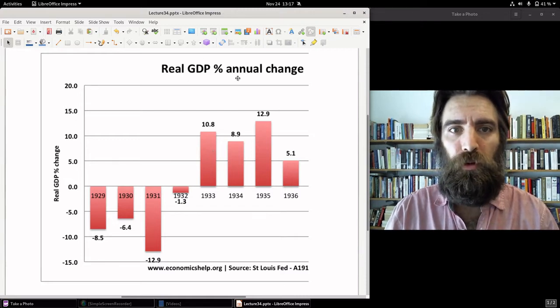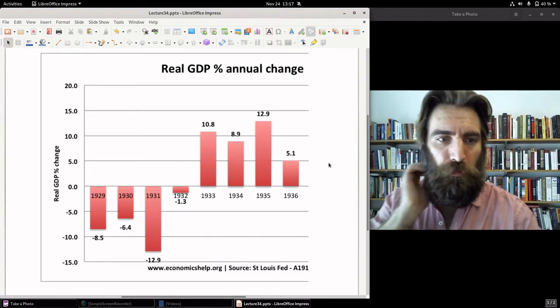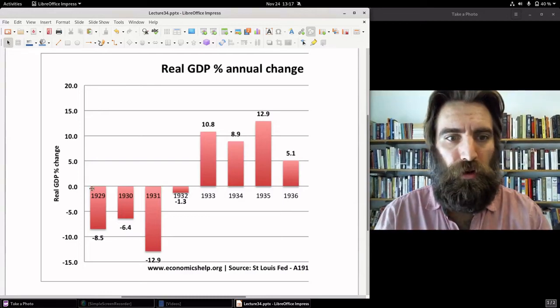And look at those numbers, real GDP, quite some significant increases after years of loss.